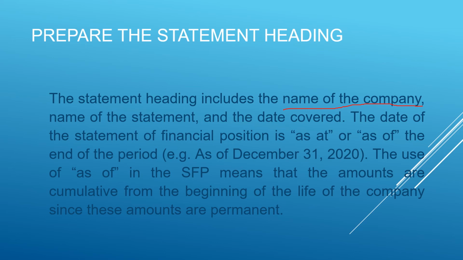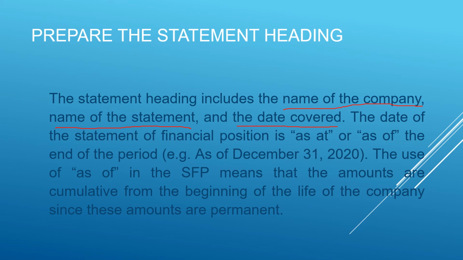Hindi pwedeng walang pangalan yung statement natin. The name of the statement, like for example, a statement of financial position. And the date covered, as of May 31, 2020. Okay?